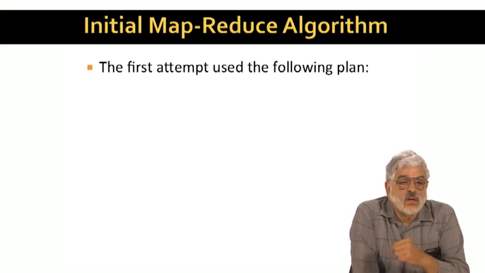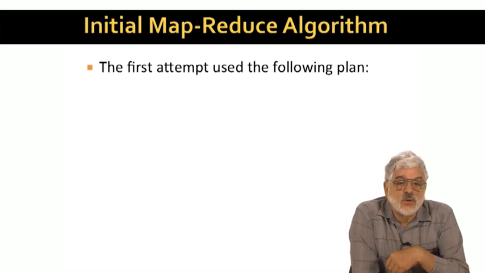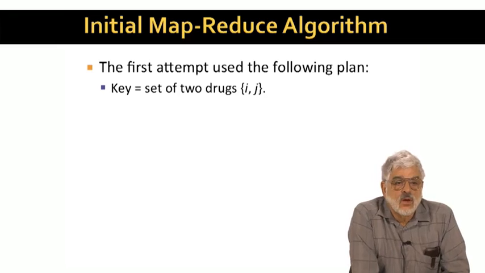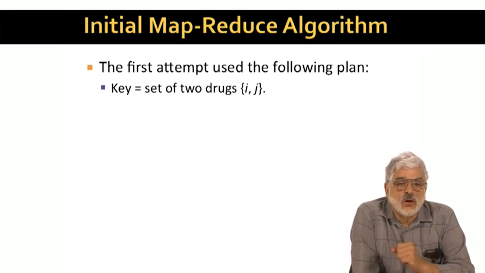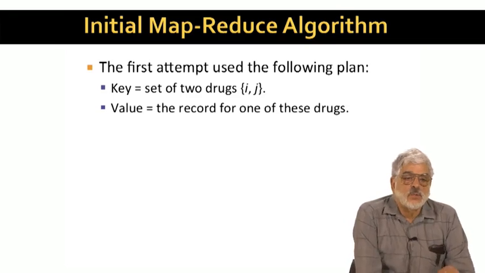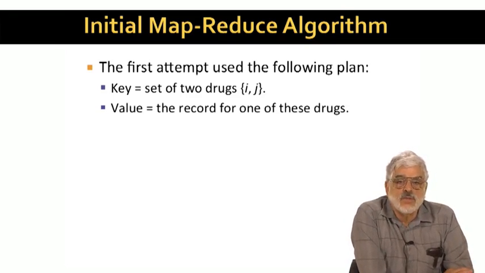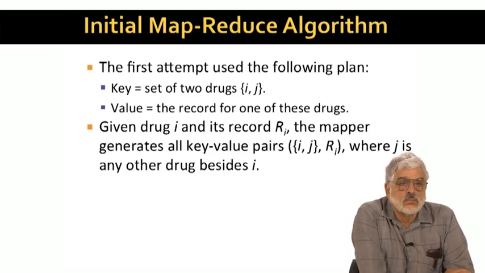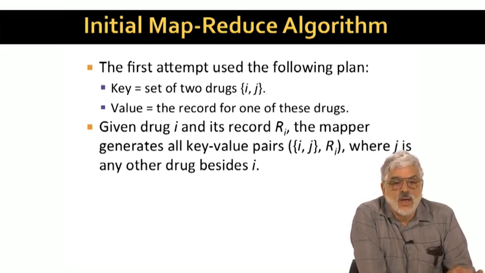Okay, here's what, in a sense, is the obvious way to do the comparisons using MapReduce. We'll have a key for each pair of drugs, I and J. You can think of the set as a sorted list. It's the same thing, really. And the value will be the megabyte-long record for one of these two drugs. So what does the mapper do?